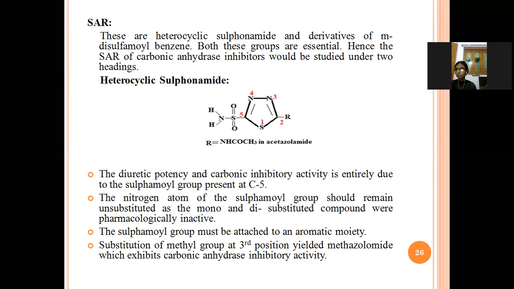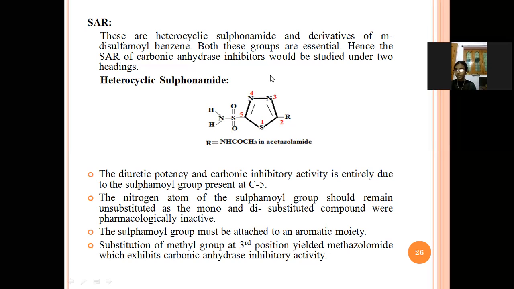It should not be substituted with any other atoms; if it is mono or di-substituted, it will lose its activity. Next, the sulfonyl moiety should be attached to the aromatic structure.